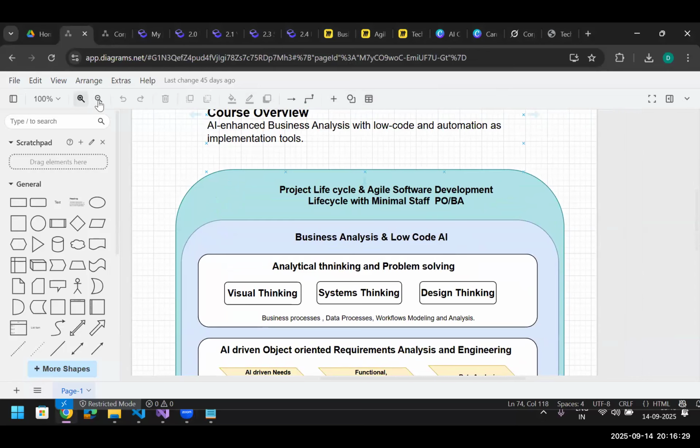Yes. I'm going to show you how it is structured. I'll introduce a little bit about the course structure and we'll jump into the project and how we run software development life cycles today, because in the AI era, who is a business analyst, what tools, cognitive abilities, problem solving skills, techniques and methods should we know?